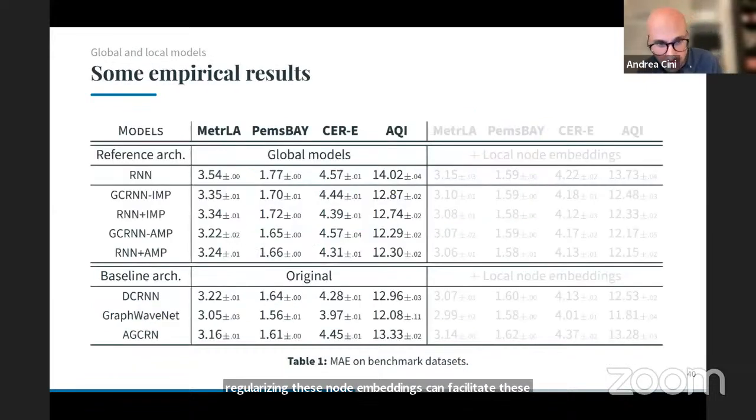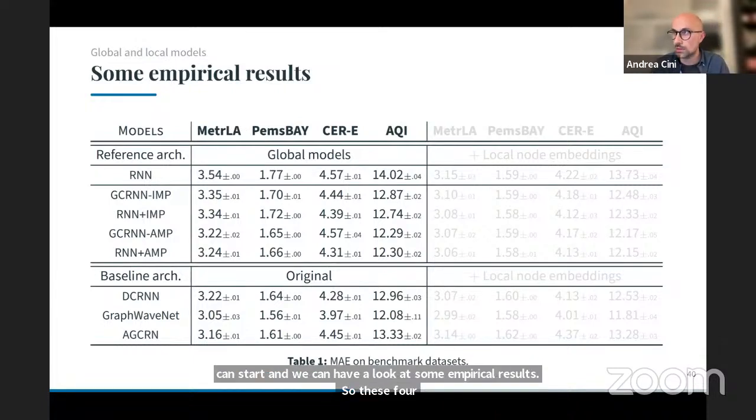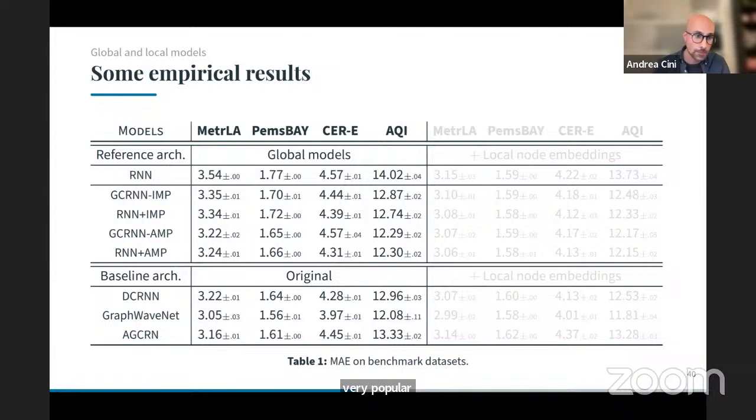We can now have a look at some empirical results. These four are very popular benchmarks for correlated time series forecasting. In the uppermost part of the table here, we have some baselines, some reference architectures that have been developed using the template that we just saw.